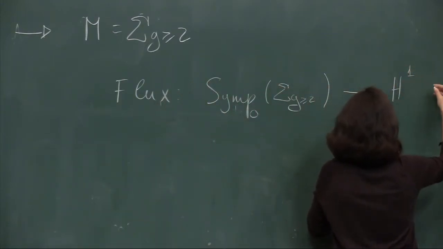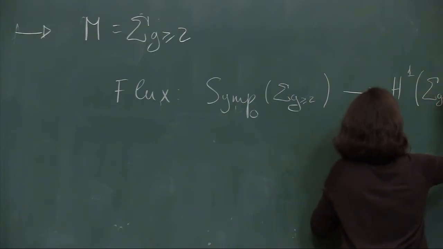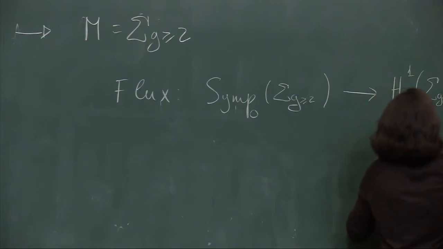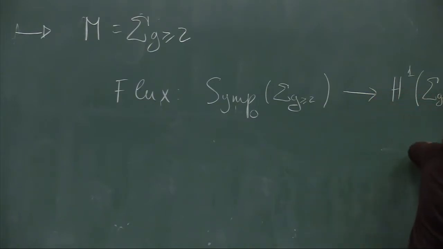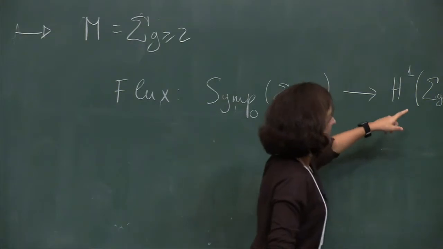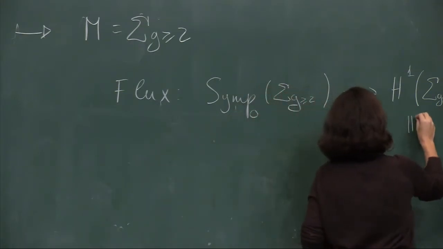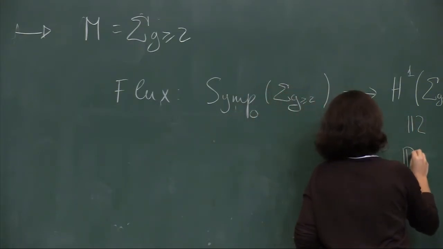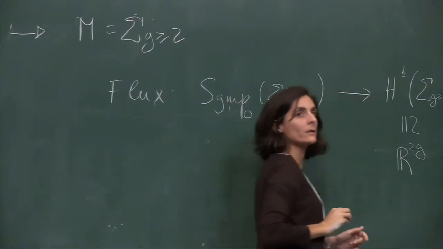So it goes to H^1 of Sigma_G, R, which can be identified with R^2G.